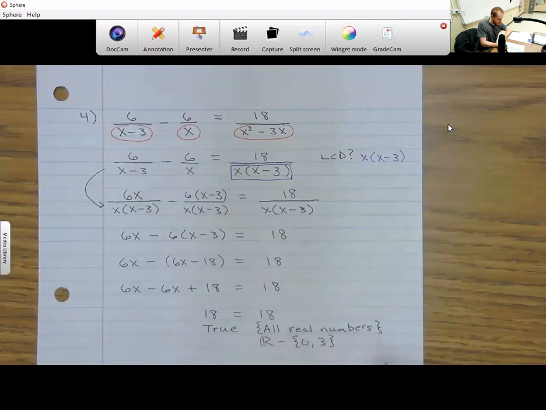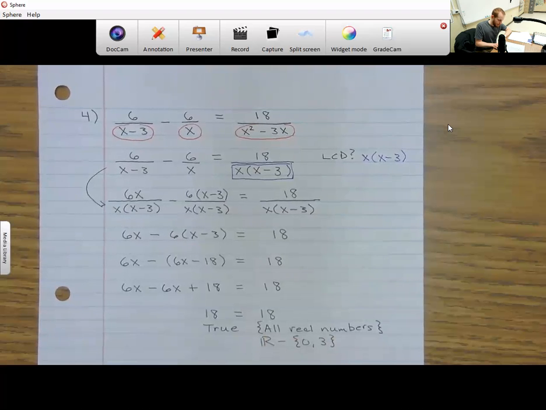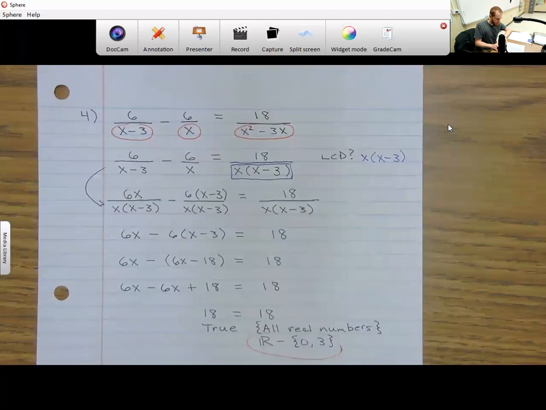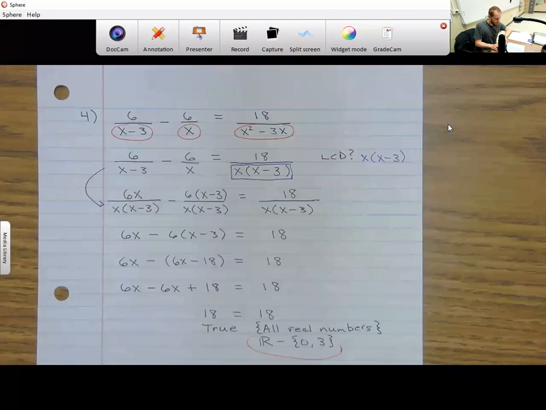But those are the only exceptions. Any other real number besides 0 and 3 should be able to solve this. So I would say this would be my answer. All real numbers, except for any number that would make the denominators 0.